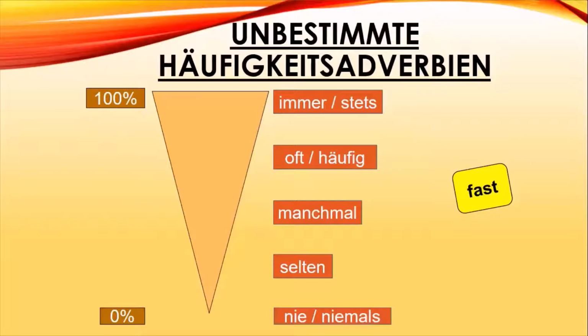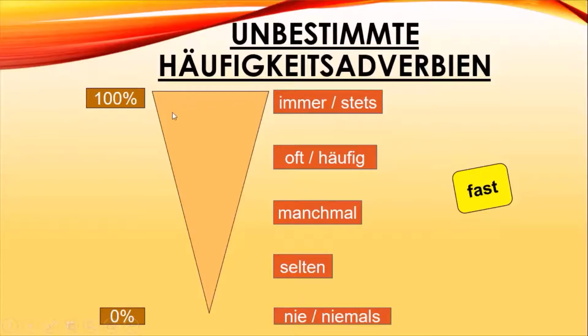As you can see from the diagram, these adverbs can be showing frequency of some action or activity in percentages even. So imagine that you have a scale here and it shows from 0% to 100%.